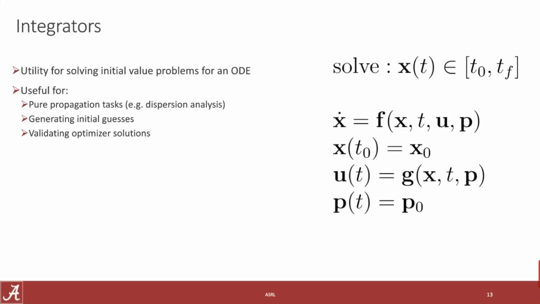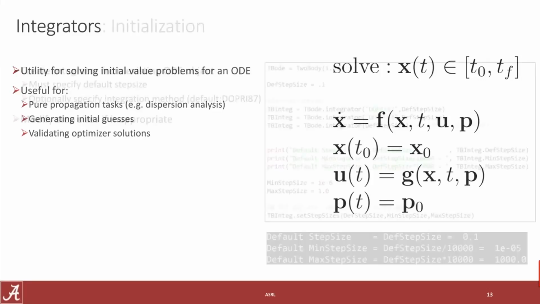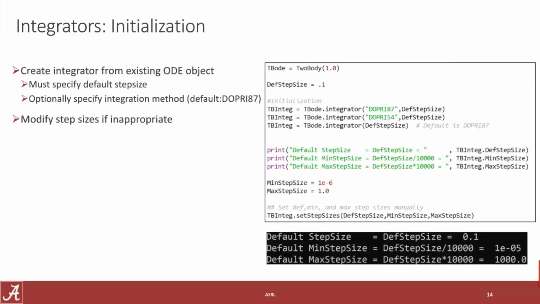However you allocate your states, time, and controls, that's how you need to instantiate your problem here. So as a practical example with the two-body problem model, we wrote a class, class two-body, that takes in the ODE base class. We've got all that defined, so we instantiate it. We now have a two-body ODE object.